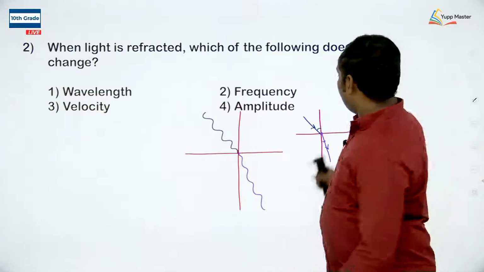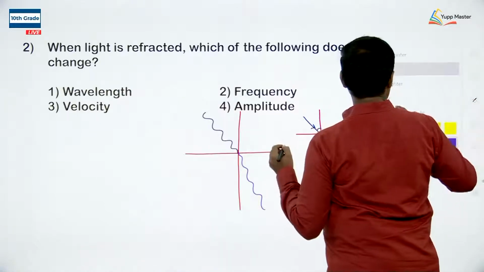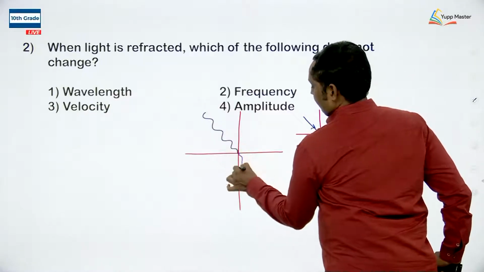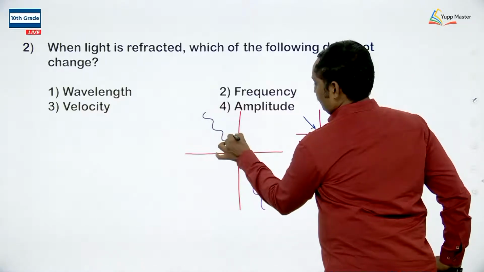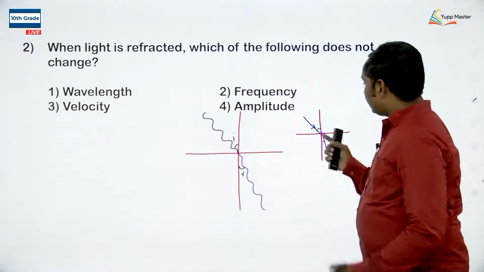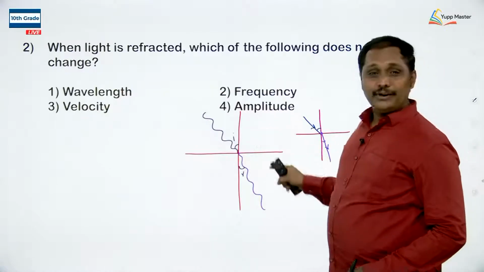Have you seen this diagram? The first one is known as the incident light. We are going to take this as I and R. The first diagram is in the form of a ray, and this diagram is in the form of a wave.